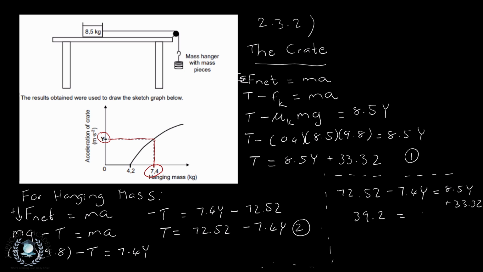That is going to give us 15.9y, and our y will be equal to, we're going to divide both sides by 15.9, and 39.2 divided by 15.9 is going to give us y is equal to 2.47 meters per second squared. That is our acceleration, and that is our answer.